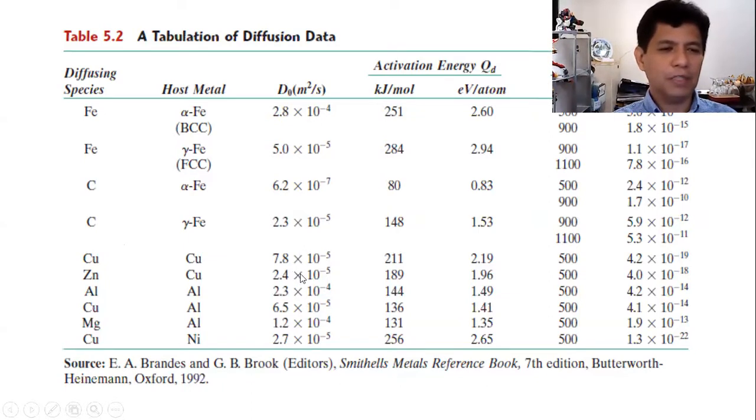Pero as you can see, yung kanyang activation energy mataas. Compare mo dito sa carbon, mababa lang yung activation energy niya. So, kaya konting increase lang ng temperature, magdi-diffuse agad yung carbon, kahit na mababa yung kanyang pre-exponential factor. You might be comparing the two.